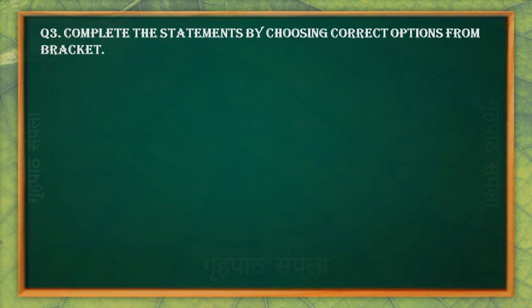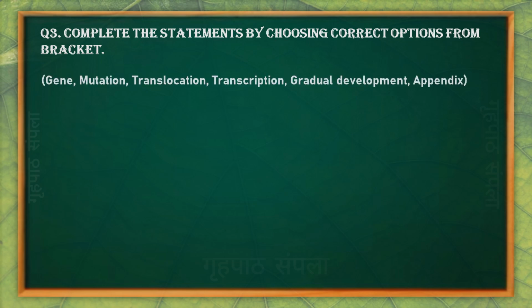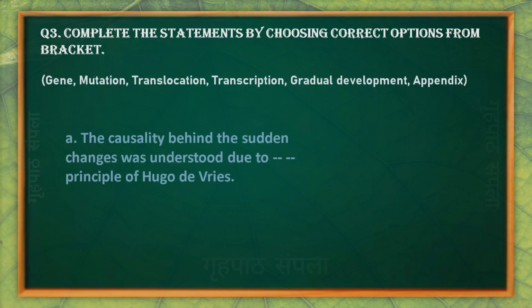Question number 3. Complete the statements by choosing correct options from the bracket. A. The causality behind these sudden changes was understood due to the dash principle of Hugo de Vries.